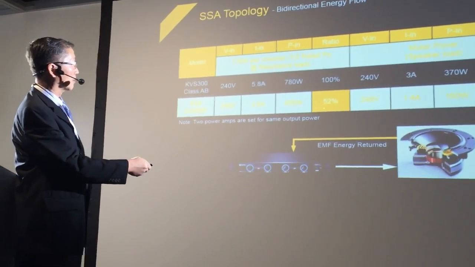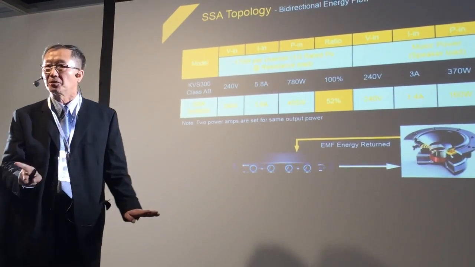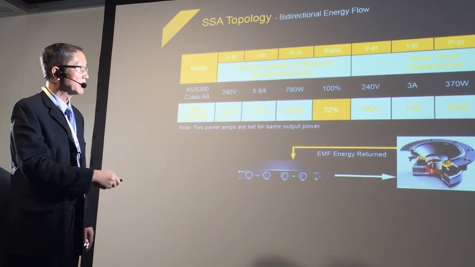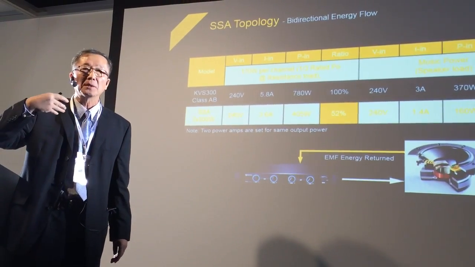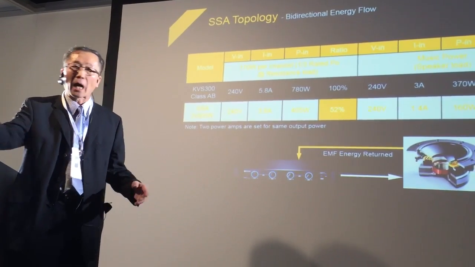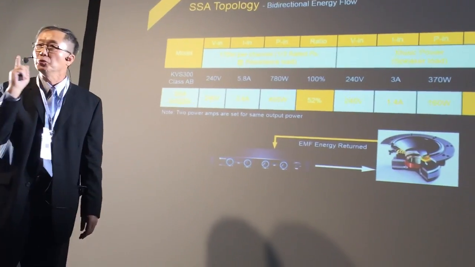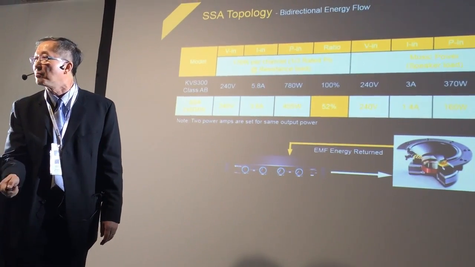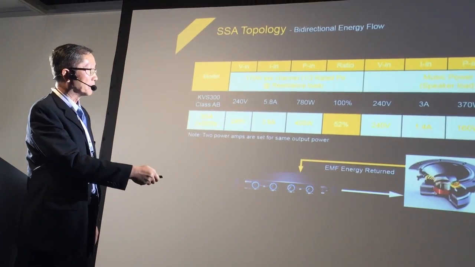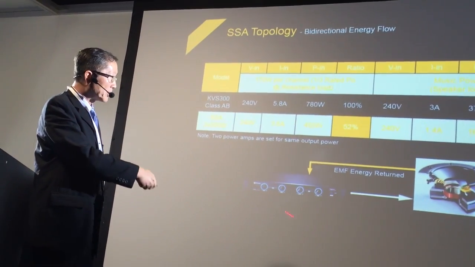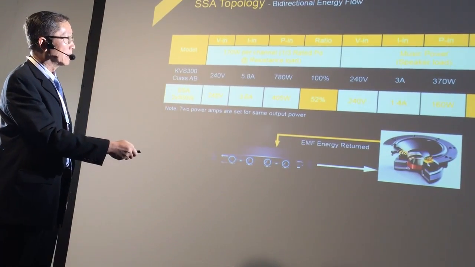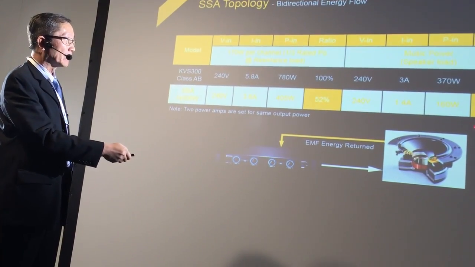From here to here, we see a 9% difference. Because a resistive load does not have the EMF energy, it's not an inductor, so nothing comes back. As soon as you change the load to a speaker, an inductive type of load, the additional energy will be circulating through the system. So we see an additional 9% gain.